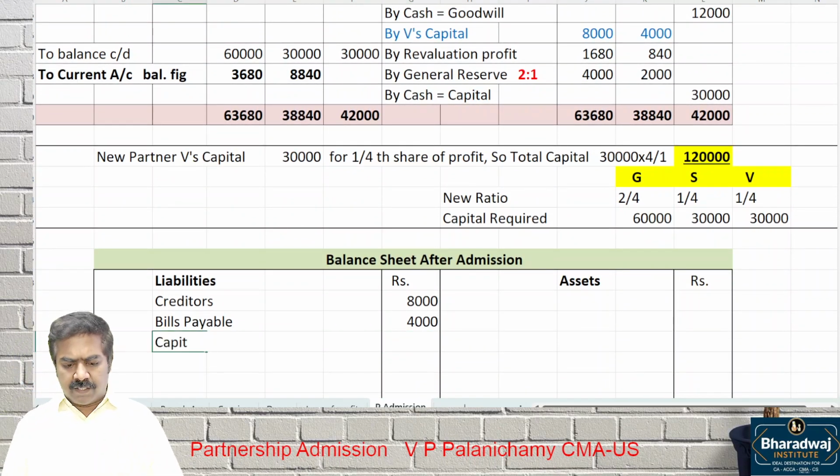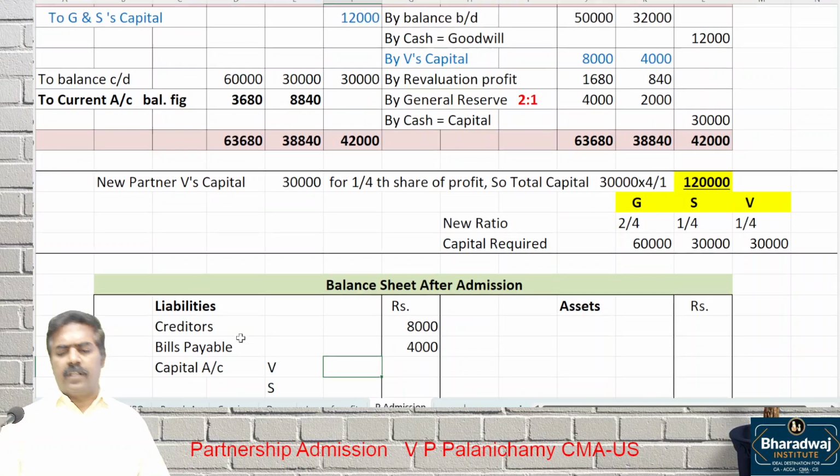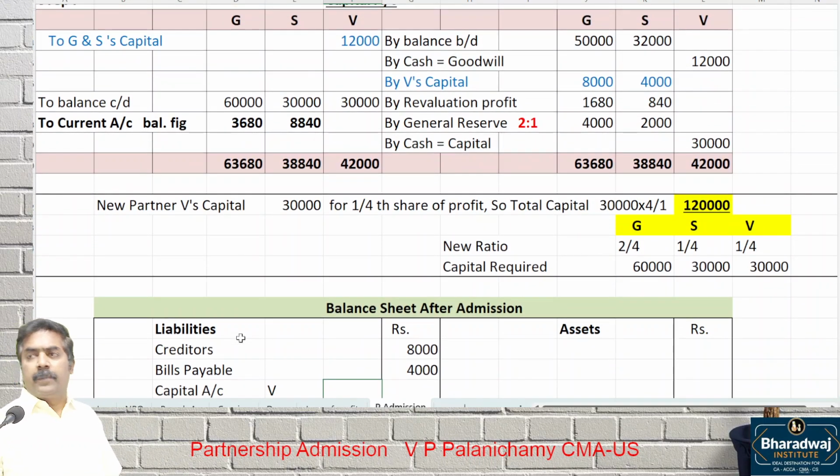Capital account of partners, record it. Then current account of partners also you can record it. Prepare the capital account.